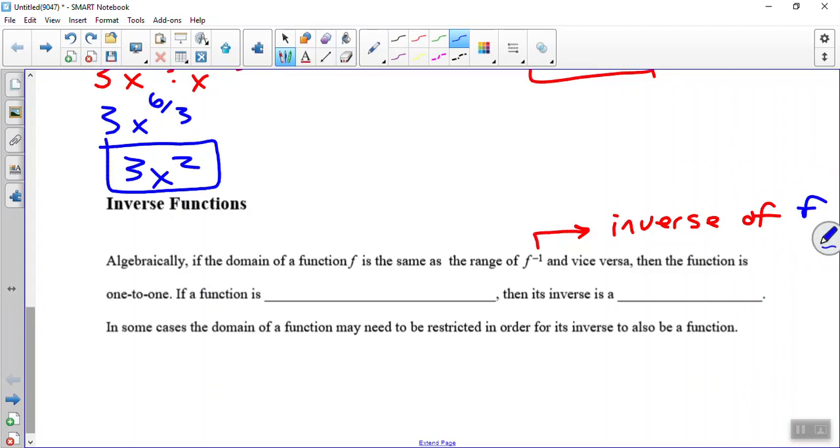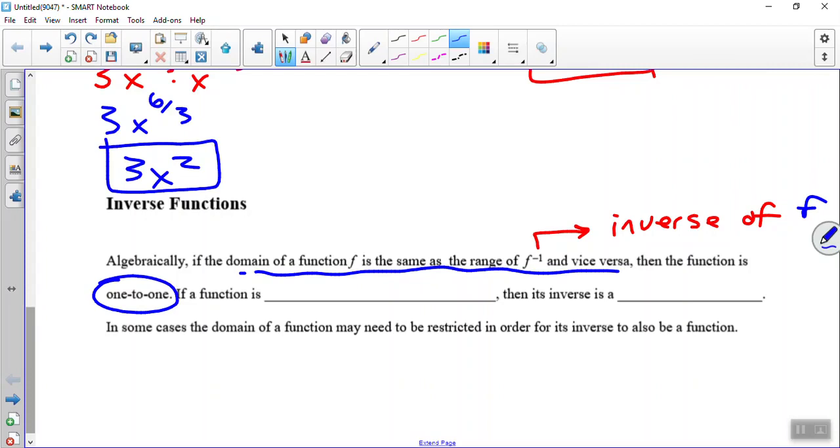Okay. All right, so this is saying if this is true here, then the function is 1-to-1. We just want to mention that. We're not necessarily going to test you on it. We just want to make sure you hear the phrase 1-to-1, understand it's related to inverses.